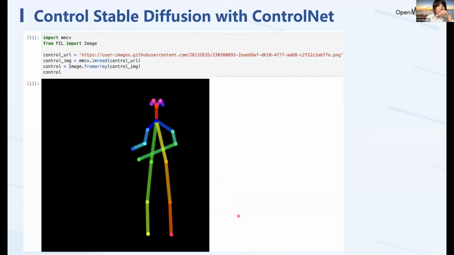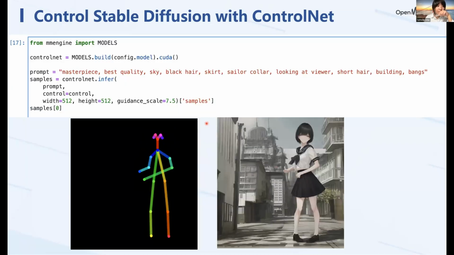So after the configuration, here we need to provide some conditions such as the human pose. And then we build from the configuration to create a ControlNet model. And then we input a prompt and call the infer function of ControlNet. And then we can obtain a generated image.